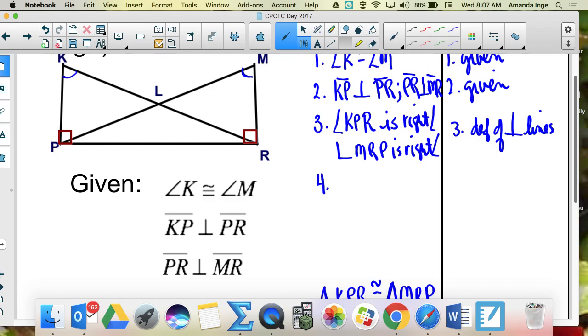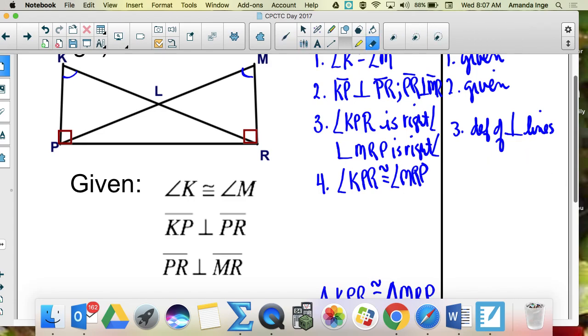So because they're right angles, we know that angle KPR is congruent to angle MRP, because all right angles are congruent.